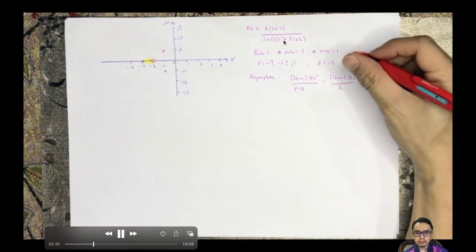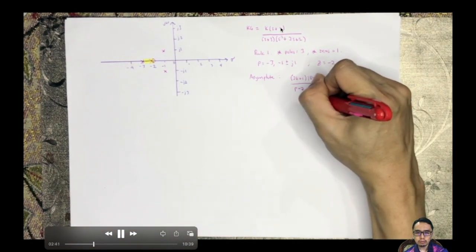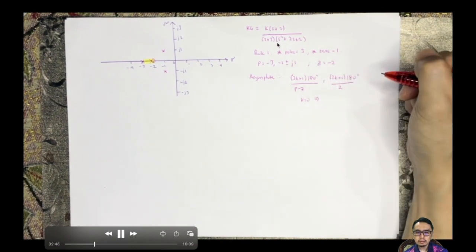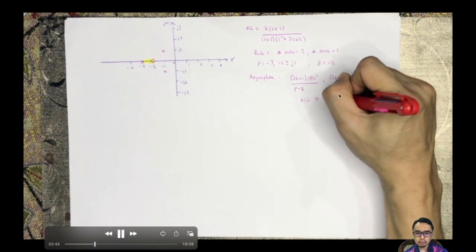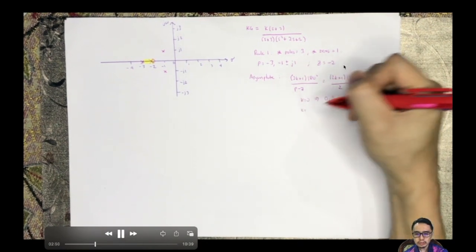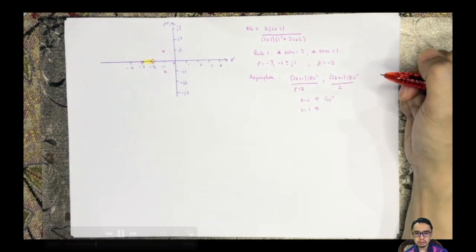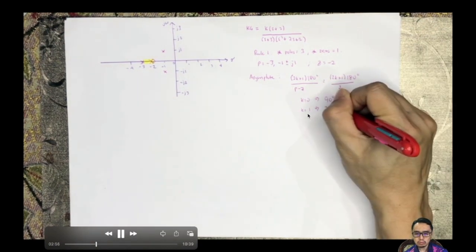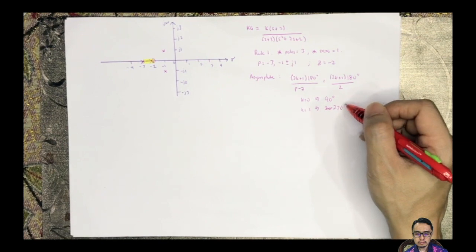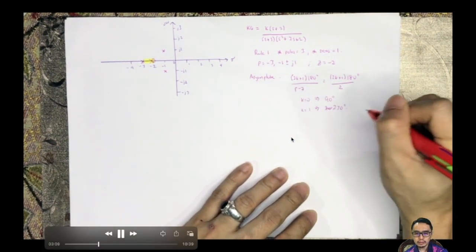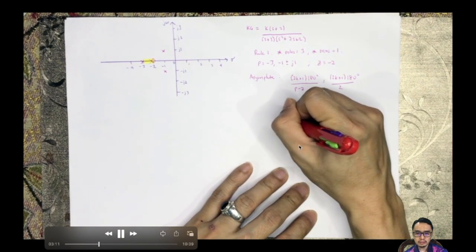So we have 3 poles and 1 zero, so 3 minus 1 equals 2. So this equation will calculate the angle of the asymptote. You just substitute k equals 0, k equals 1, so you will get the angle made by the asymptote to be 90 degrees and 270 degrees.